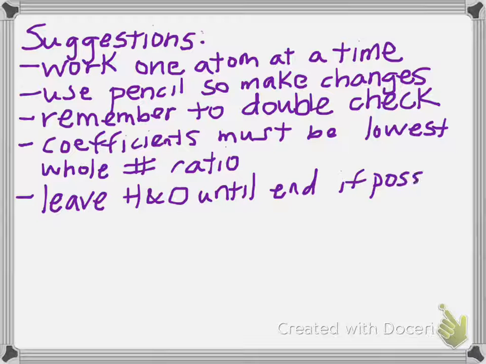Oftentimes, hydrogen and oxygen will be the most difficult elements to balance. And so sometimes if you just start somewhere else, by the time you get back to doing hydrogen and oxygen at the end, they will have worked themselves out. So that makes it easier.